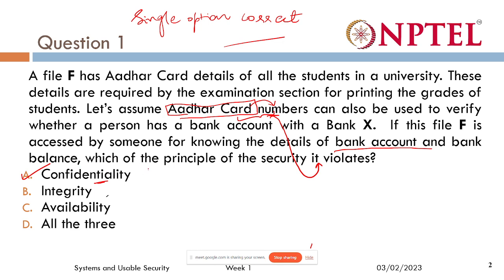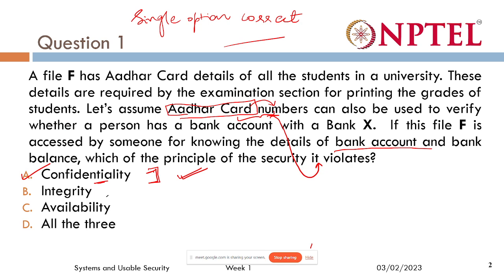Since it is private data and someone is having access to it, the data principle that is being violated is confidentiality over here. Because this data should only be known to the owner, the person to which this Aadhaar card number belongs. No one else should have access to it.